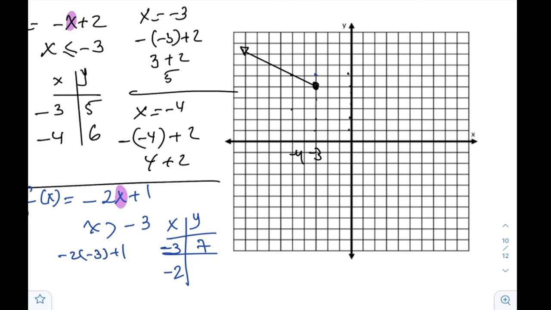So here we are, and it is an open circle. And minus 2, minus 2 times minus 2 is 4, 4 plus 1 is 5, so minus 2 and 5. This is minus 2, and this is 5, somewhere here. And this will be on the way, so this is my second piece.